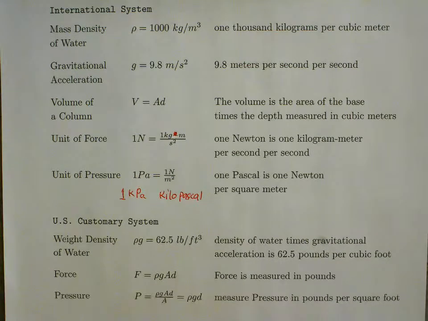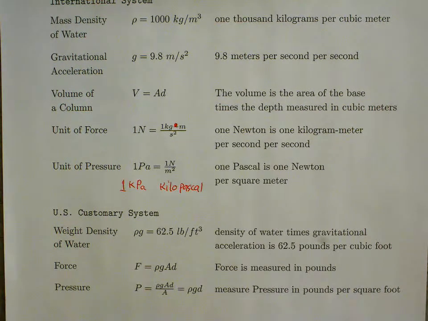And the force is rho times g times the volume, or the area times the depth. And force is measured in pounds. And pressure is still force divided by the area. The pressure is measured in pounds per square foot. Okay, so that's the setting.